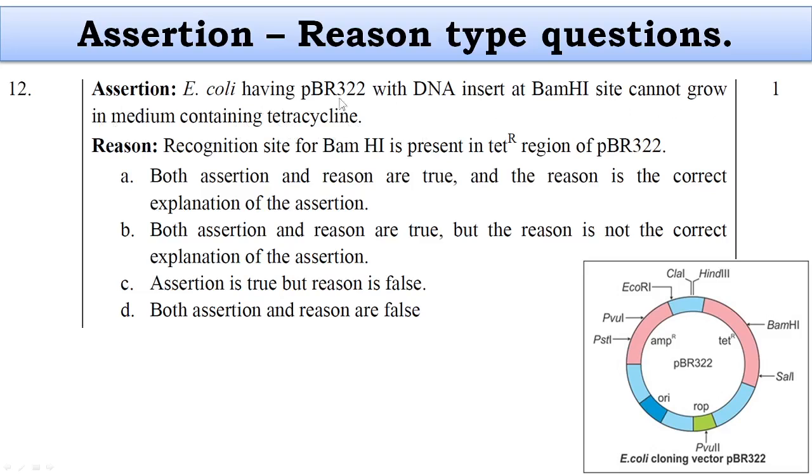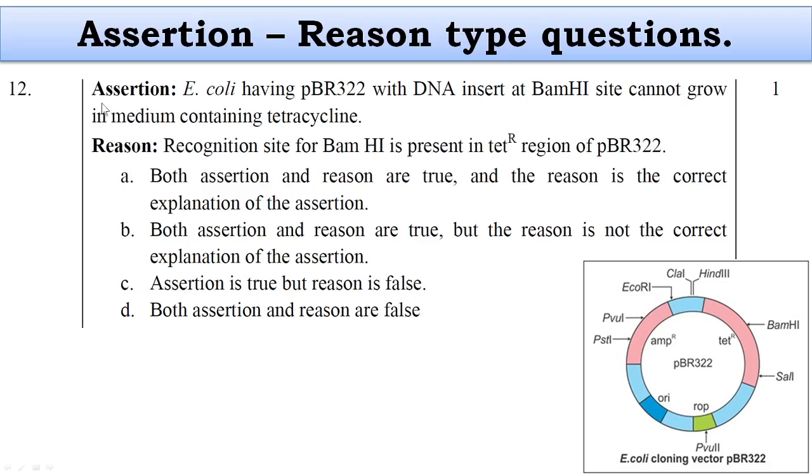That is the assertion. And the reason provided is that the recognition site of BamHI, which is a restriction enzyme, is present in the tetracycline resistance region of PBR322. So there are two sentences you can clearly see over here.